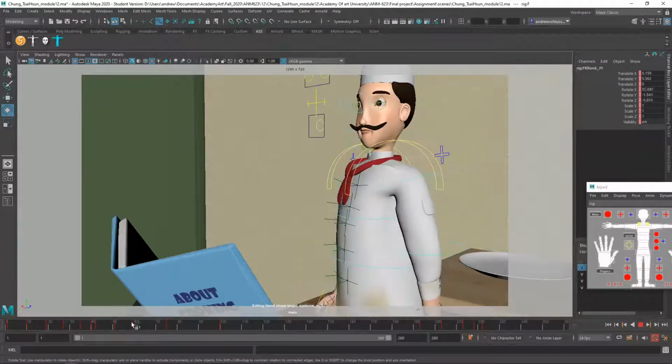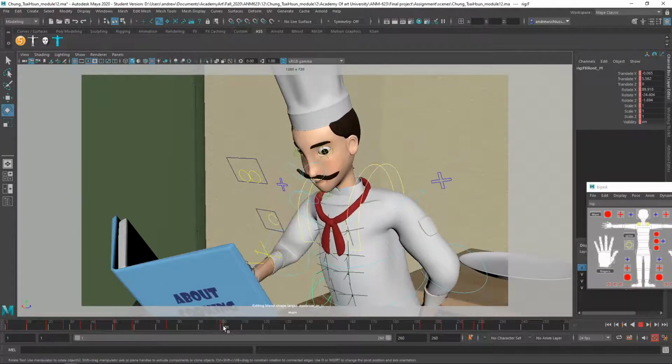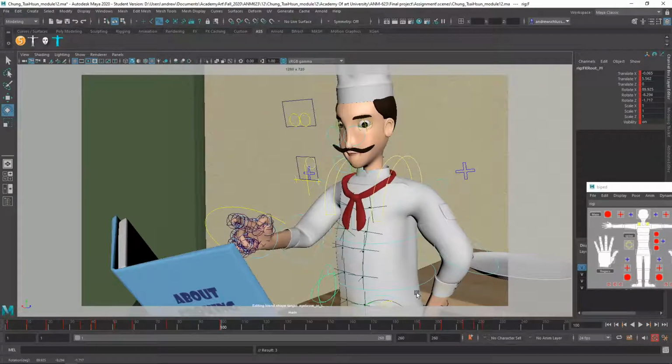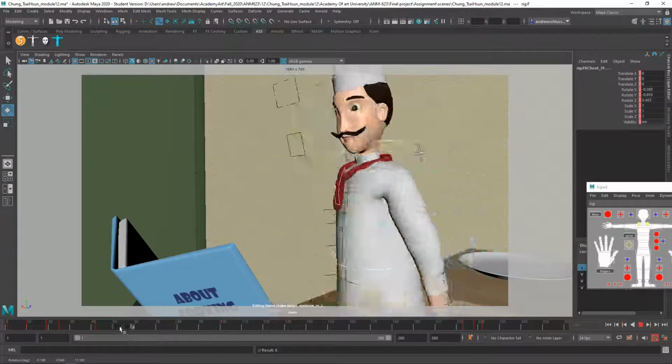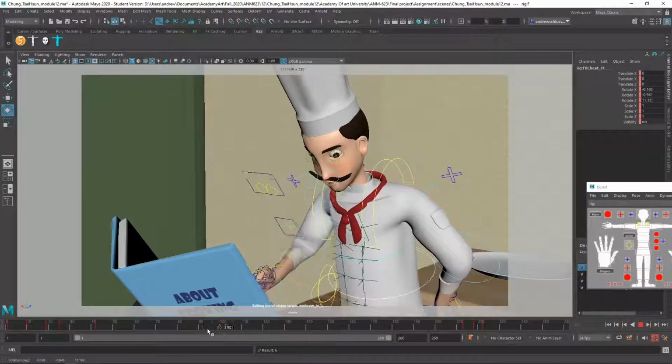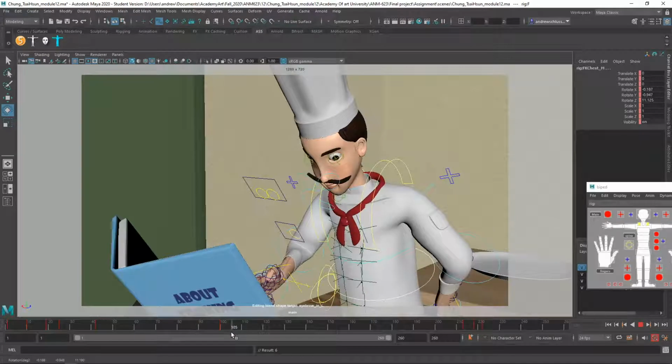Okay, so G S. So here I might rotate this back a little bit, but then rotate these down some. And you get a much more interesting movement because you're involving more of the controls. So you should be using every control, every pose, and you should be keyframing every control, every pose.